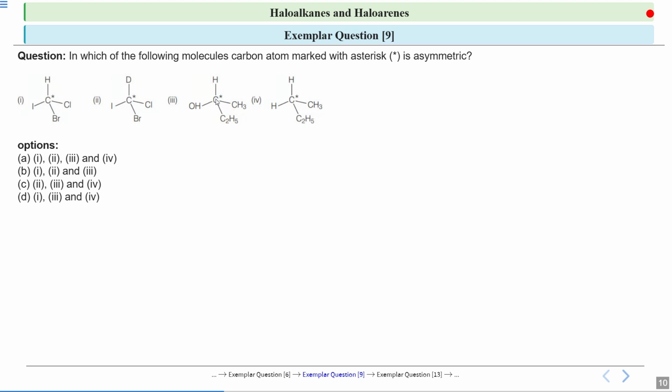In the third molecule, this asterisk-containing carbon is attached to hydrogen, a hydroxyl group, a methyl group and an ethyl group. Now lastly, in the fourth molecule, this asterisk-containing carbon is attached to 2 hydrogens, one methyl and one ethyl group. Okay, so now after looking at each of these 4 molecules, you have to tell which molecule has an asymmetric carbon.